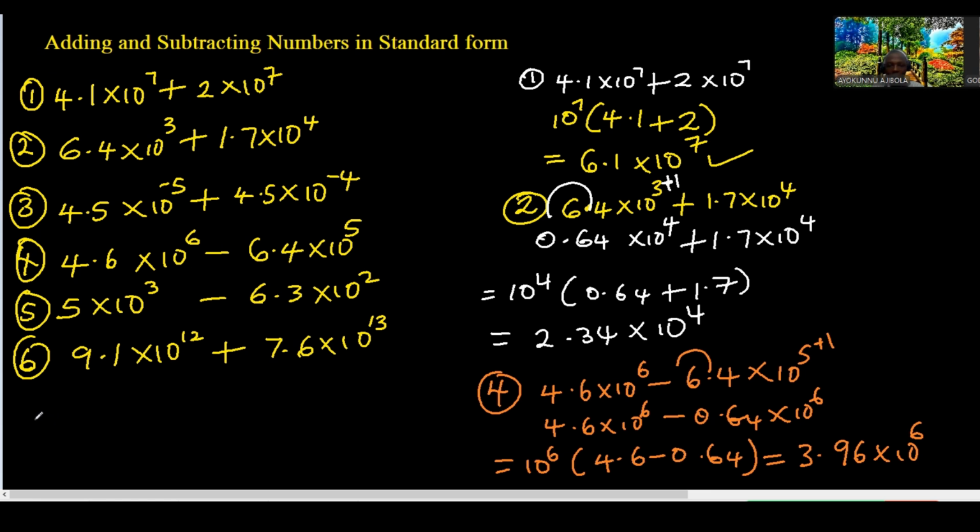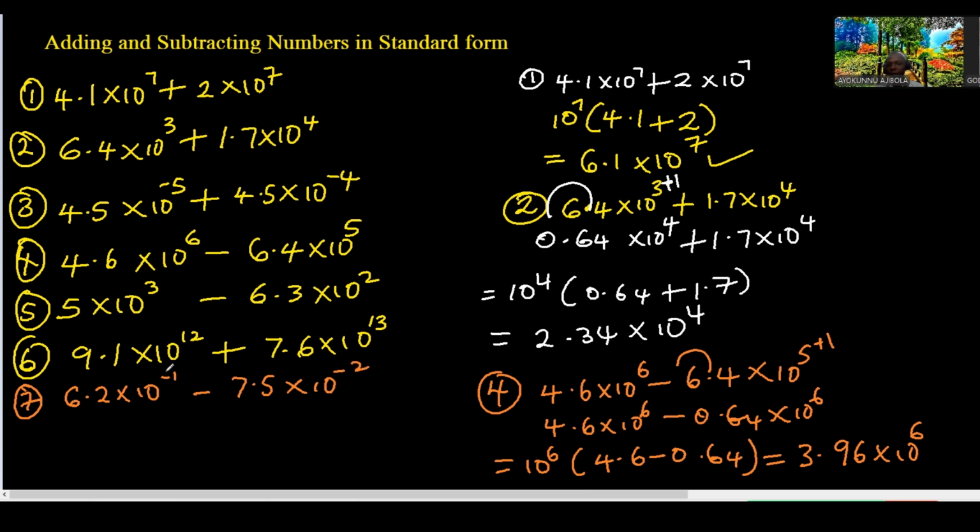Yes, sir. Or better still, let me just add another example as number 7 and solve it. So I can have something like 6.2 times 10 raised to power minus 1 minus 7.5 times 10 raised to power minus 2.